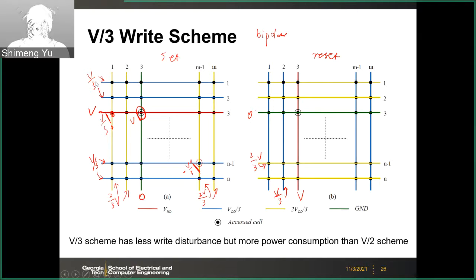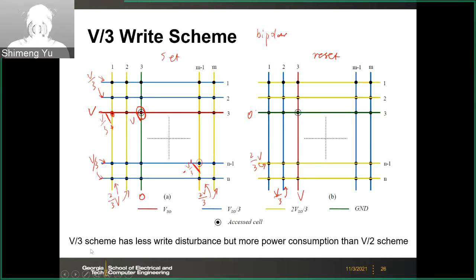So what are the advantages or disadvantages between the V/3 and V/2? So you will see that in the V/3 scheme, the maximum voltage an unselected cell will see is V/3. While in the V/2 scheme, the cells along the same row or along the same column will see V/2.